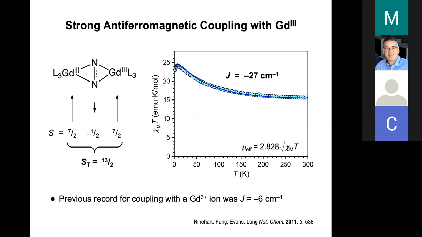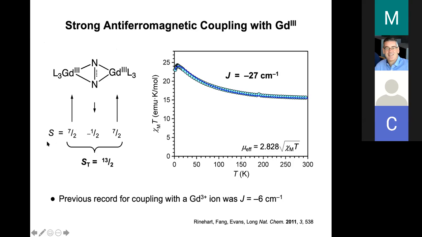And so recognizing that, we decided that it'd be interesting to see how strong magnetic exchange could be for these types of complexes. If you put gadolinium 3+ into that structure type, gadolinium 3+ has a half-filled set of f orbitals, so it's f7. That half-filled set of orbitals means that its orbital contributions are completely quenched.